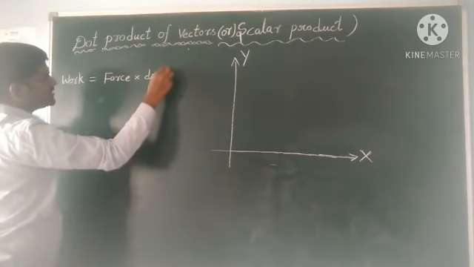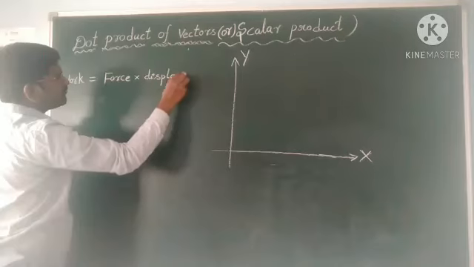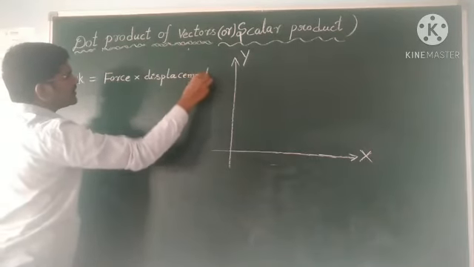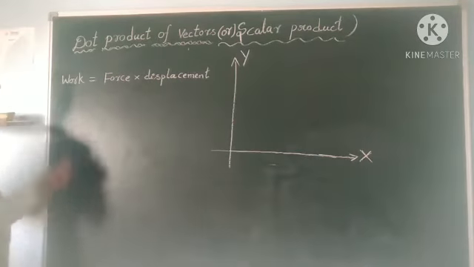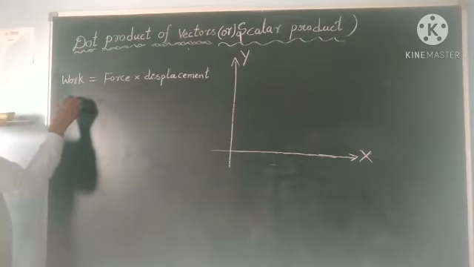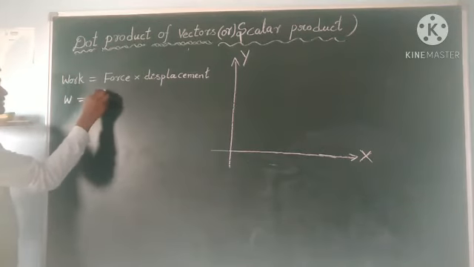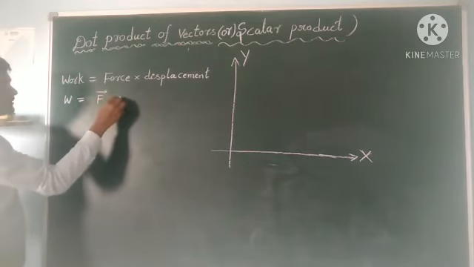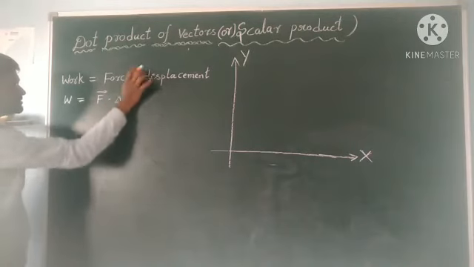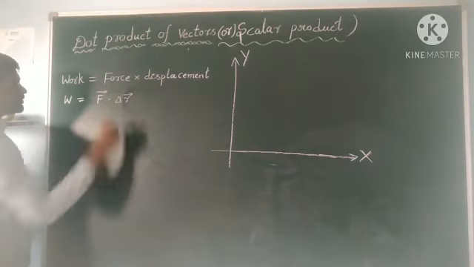Then work done W is equal to force F bar dot displacement, which we can write as delta R bar.